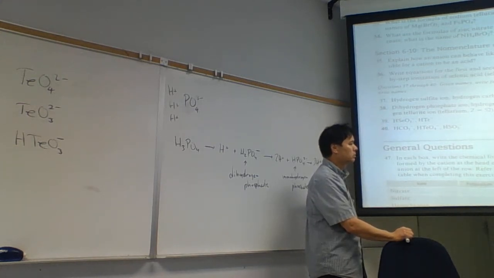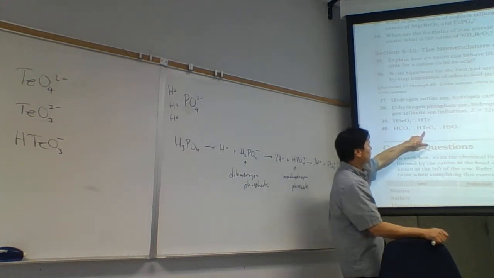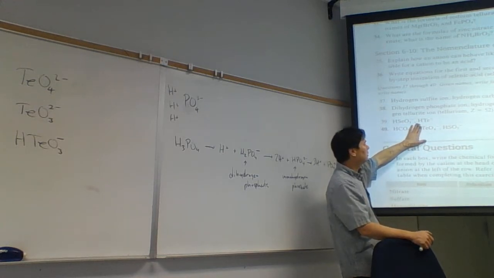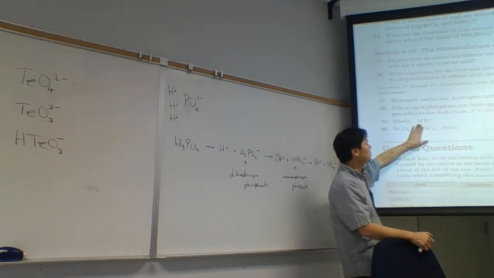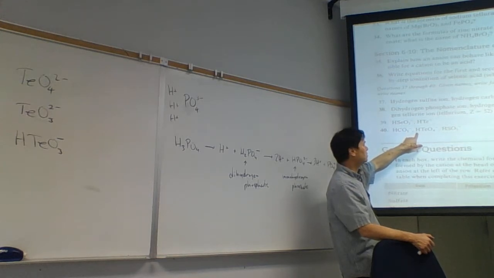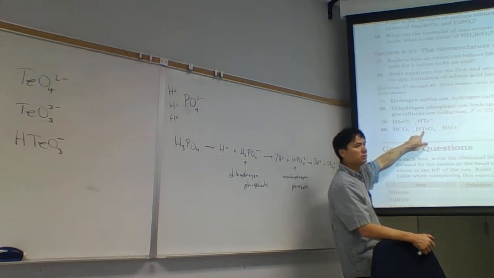Baking soda is sodium bicarbonate. What's this one? Actually, this one we just talked about. Do you recognize the anion here? It would be TeO4 with a 2- charge. What's TeO4 with a 2- charge? Tellurite or tellurate? Tellurate. So this would be hydrogen tellurate.